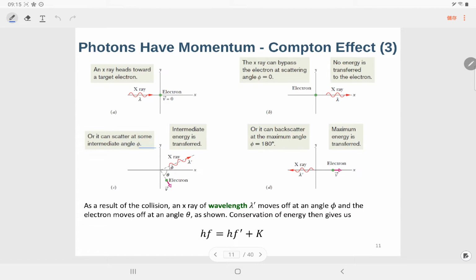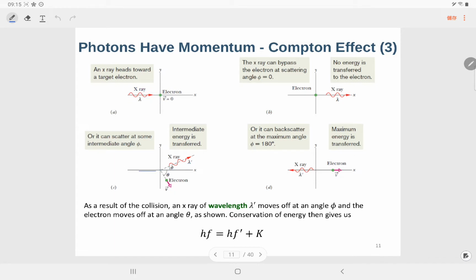But for this one, if this angle is phi, this angle is theta, which means that the X-ray goes this way, and the electron goes that way. Originally, if you regard this X-ray as a particle, having some properties of particles, it should have some momentum.